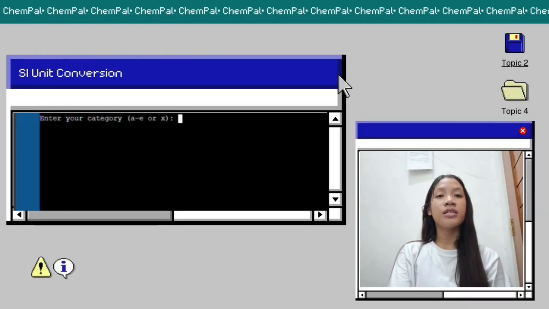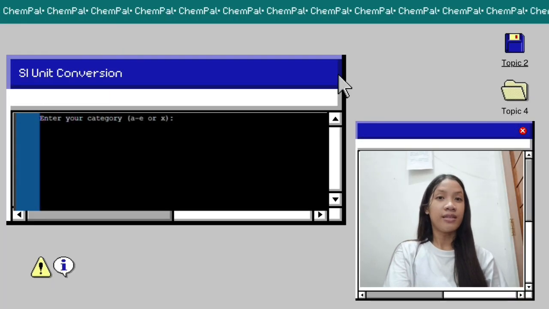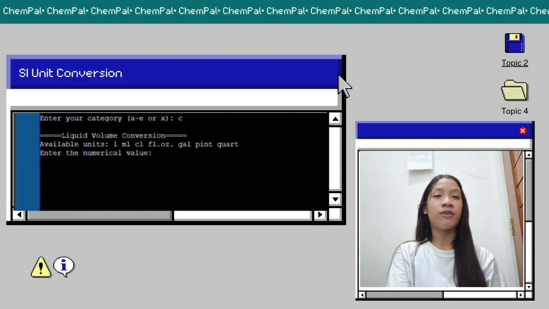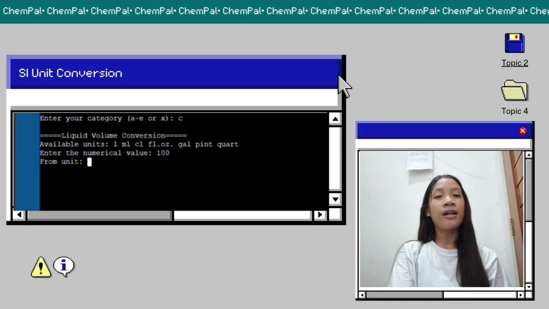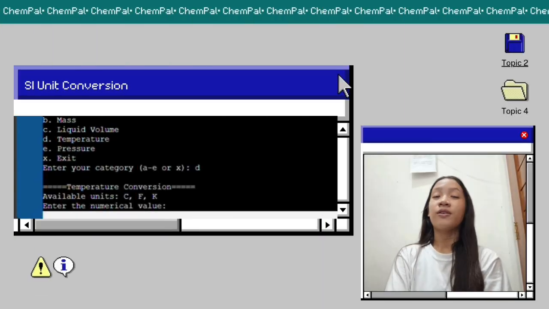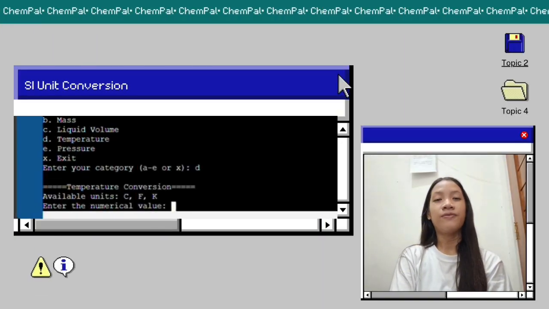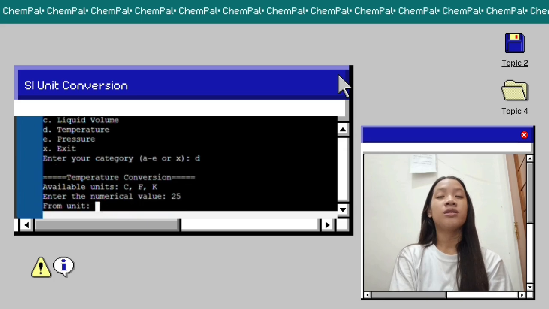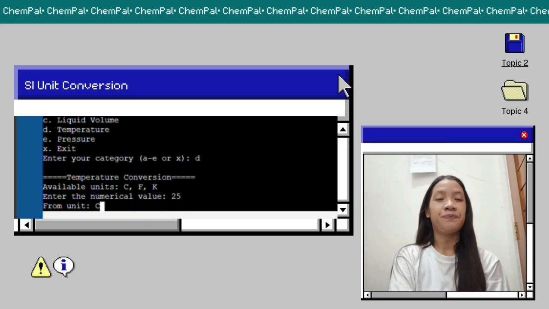For example, you need to convert 100 milliliters to liters. Just choose letter C, which represents liquid volume conversion. Input the value and let the program do its work. Now we have 0.1 liters. Another example, if you need to convert 25 degrees Celsius to Kelvin, choose letter D, which represents temperature conversion.